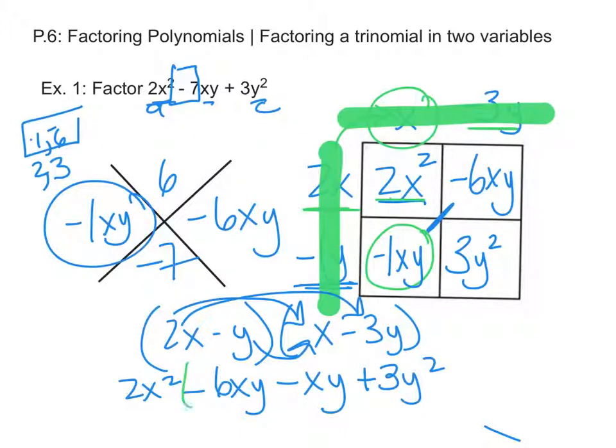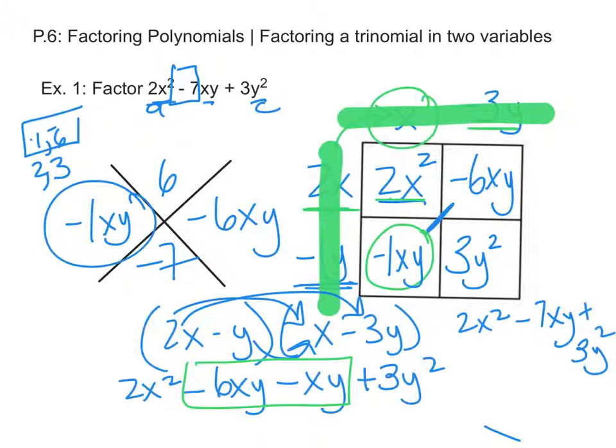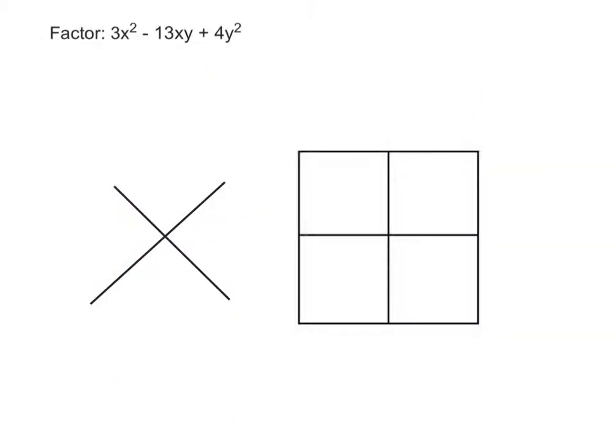And then when I combine my like terms, -6xy subtract xy, that's going to give me 2x squared minus 7xy plus 3y squared, which was the trinomial that I started off with, so these factors are correct.